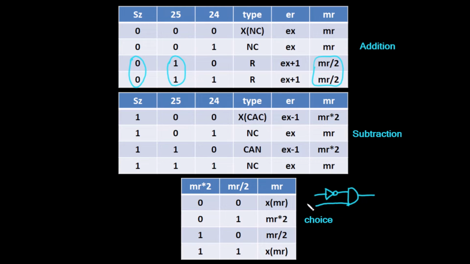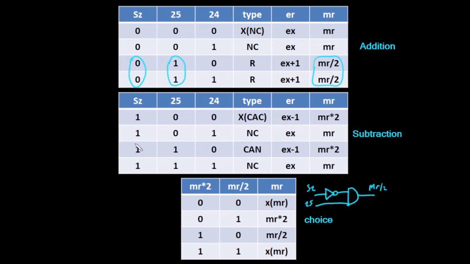So this is going to be bit 25, and this is going to be our SZ, and then we're going to have our output. So this is going to give us our MR divided by 2. So quite a simple little circuit.